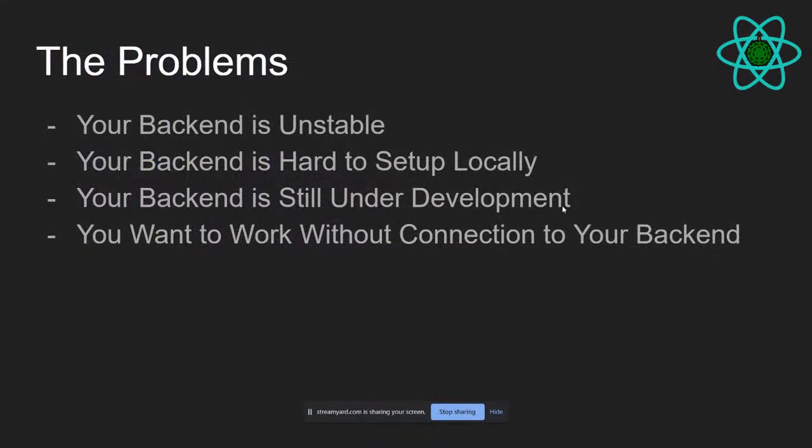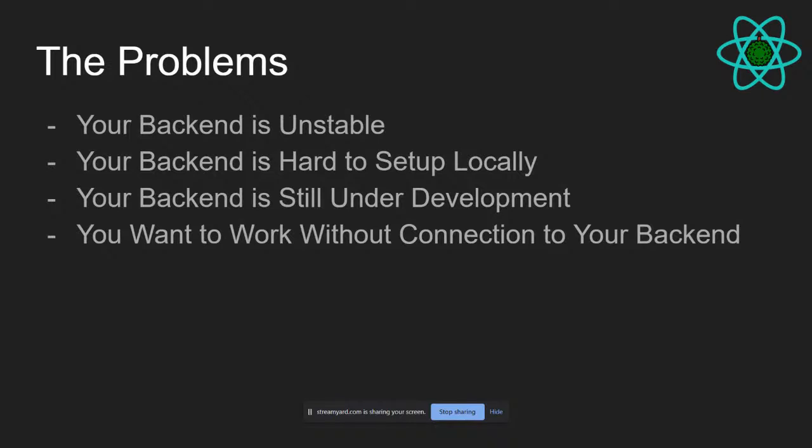So first of all, let's see what kind of problems a stubbing or mocking library would help with. First, if your backend is very unstable. In some cases, maybe your backend is using some legacy application, which in the testing environment is sometimes not very stable.